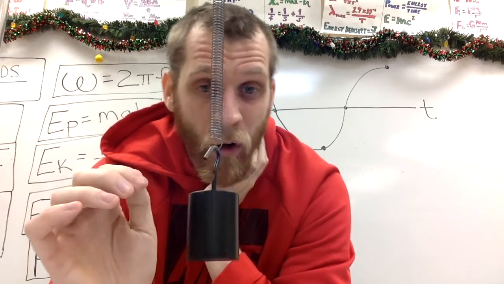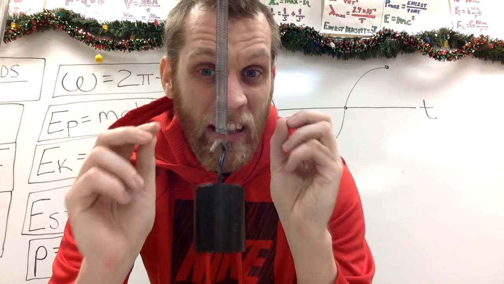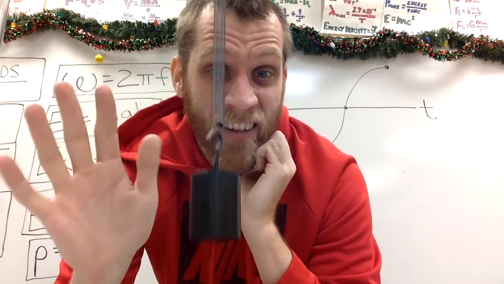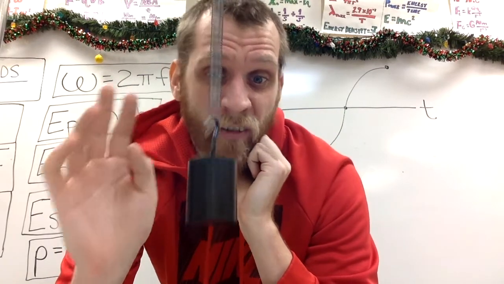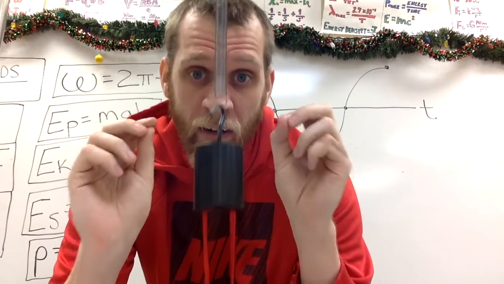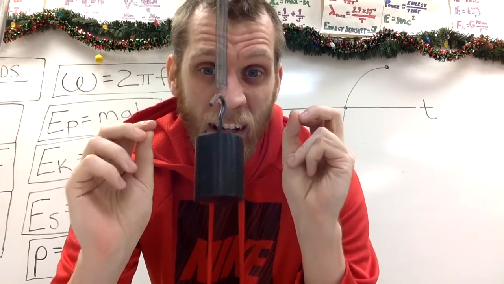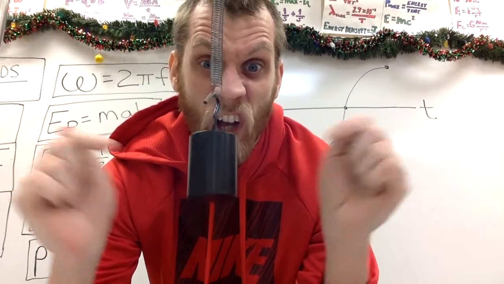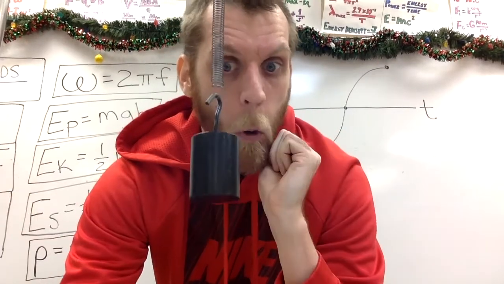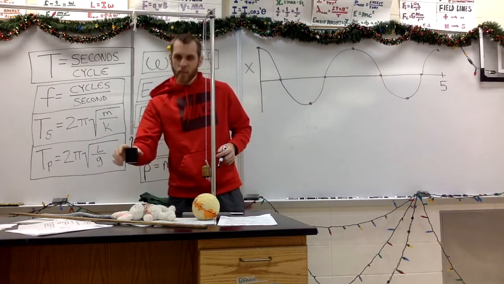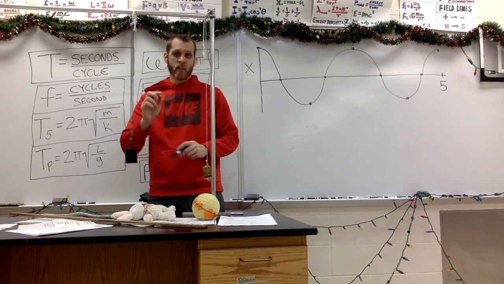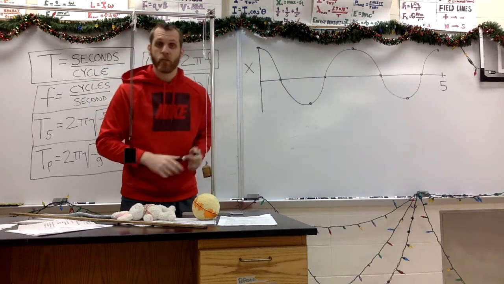Alright, so it oscillated 2 complete cycles in about 5 seconds. So 2 cycles in 5 seconds. We're going to use that information to determine everything we can about this mass on a spring. Let's go.